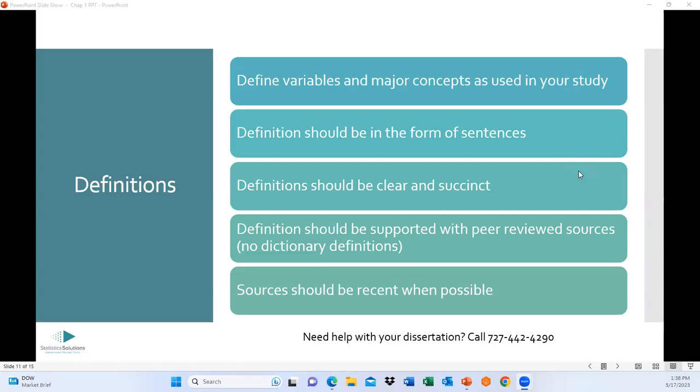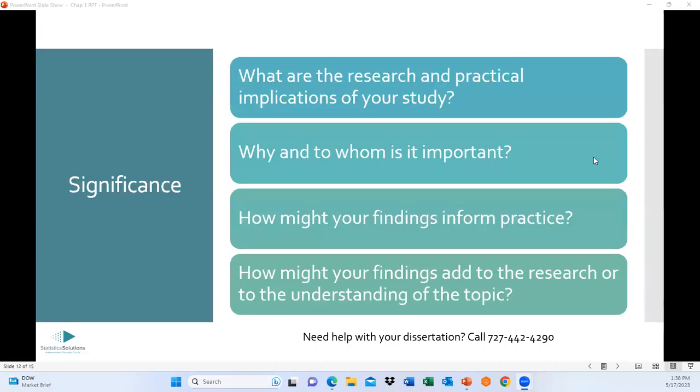Okay, so that's definitions. Let's see, significance. Professors like to call this section the so what section. They're being a little glib, but it's correct in the sense that, okay, you're doing a study on special education teachers leaving the field. So what?